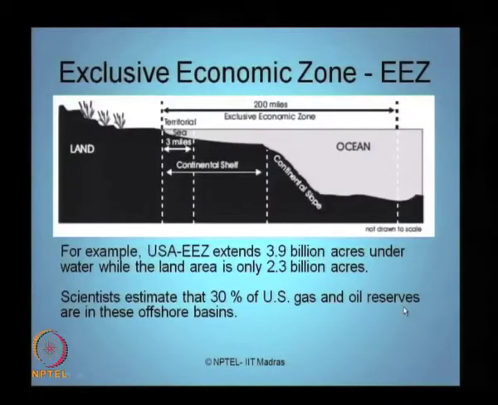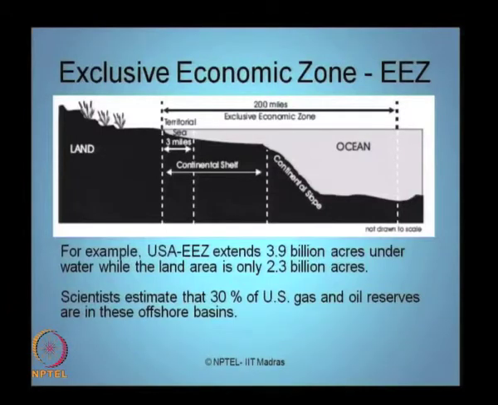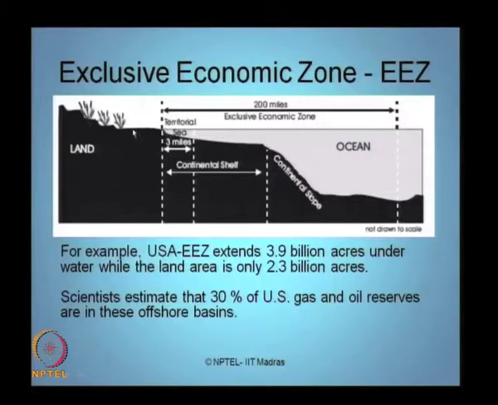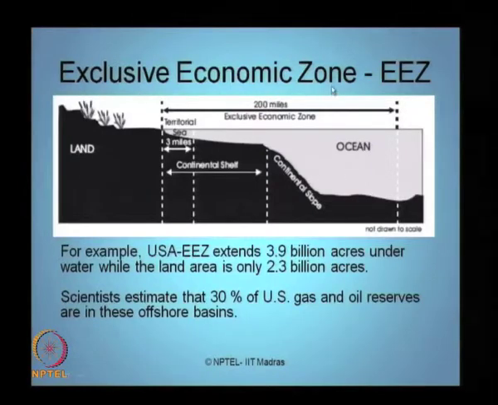There is some important terminology called the exclusive economic zone, which we call EEZ. This picture shows how the EEZ is defined. For example, from the land about 200 miles into the ocean, we have a definition for the exclusive economic zone, which can be used for offshore drilling.